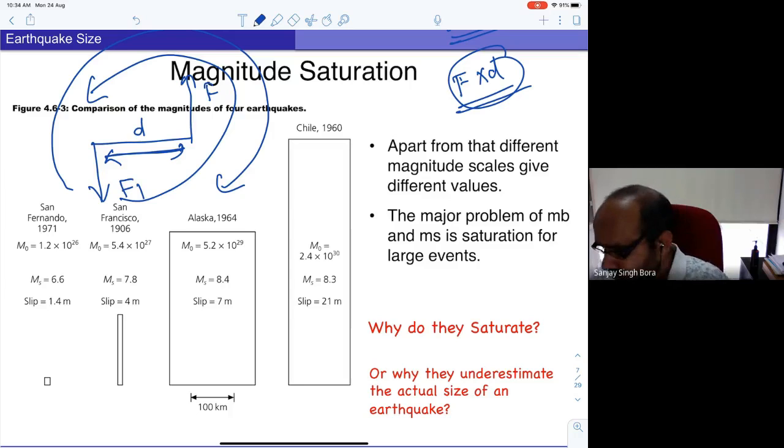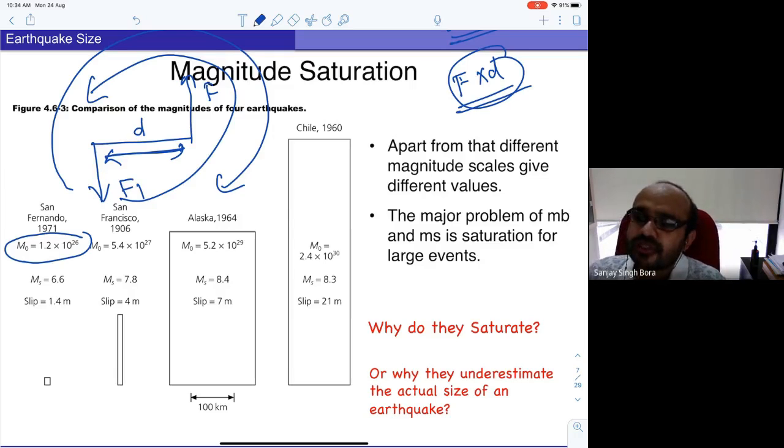That's why people said there should be a magnitude which actually decides the actual size of an earthquake. Other than that, ML was measured from the seismogram, MS was measured from the seismogram, and MB was measured from the seismogram. All three magnitudes were measured in different frequency ranges.